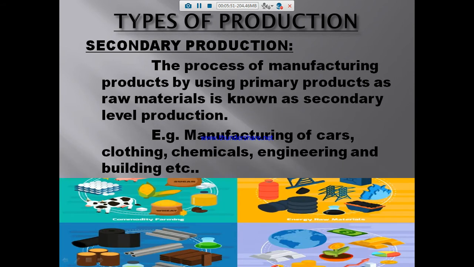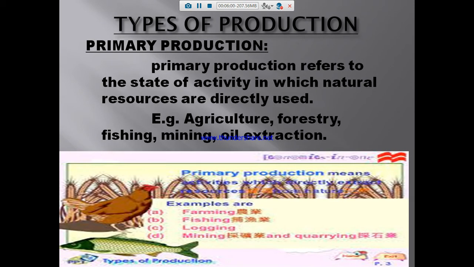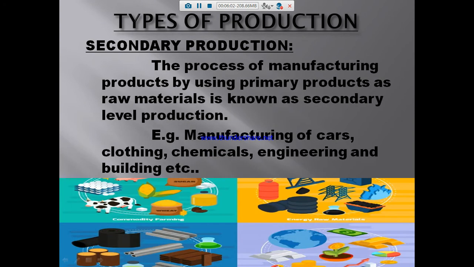Next, from the types of production, we are going to see secondary production. We get the raw material from primary production, and that raw material is converted into a finished product. It is called secondary production.